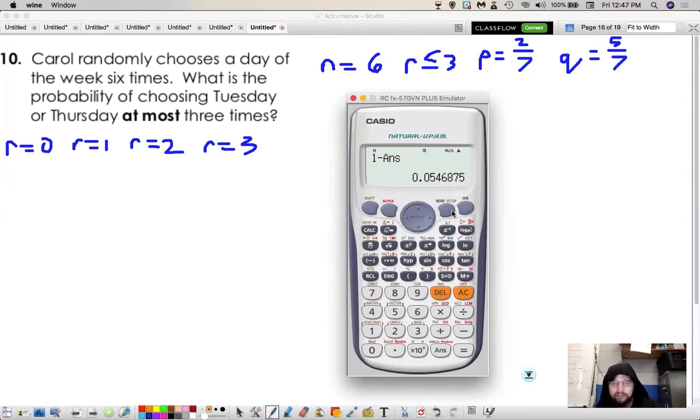Let's do it in the calculator. We're going to go to a CD, and if you look back at the chart, less than or equal to is just regular, so a regular old CD. R is 3, N is 6, and P is 2 out of 7. Definitely want to leave that as a fraction. And we get 0.9403.